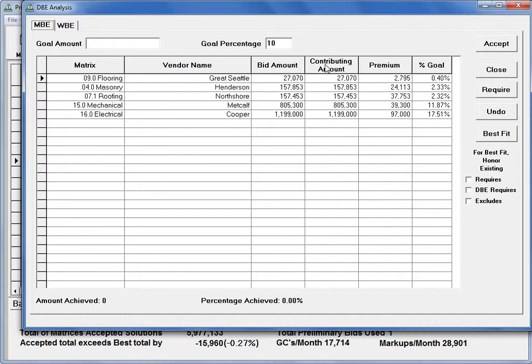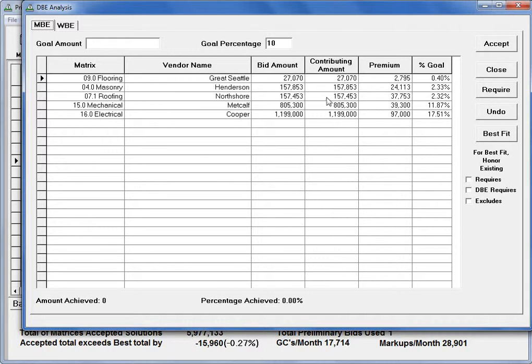Now, the contributing amount can be different than the bid amount, since partial bids can be put in for a DBE contractor. For instance, if we had an earthwork contractor doing a $400,000 bid with a $70,000 trucking subcontractor, their bid could be a partial according to the DBE requirements.